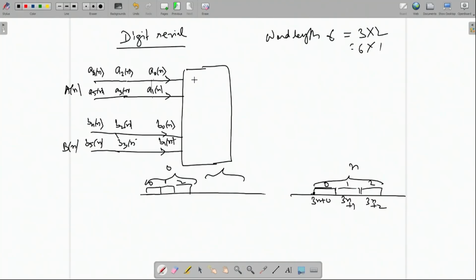So, one processor will work on A0 and B0, and another processor will work parallelly on A1, B1. It will give you 2 outputs. So, 2 processors are in parallel.